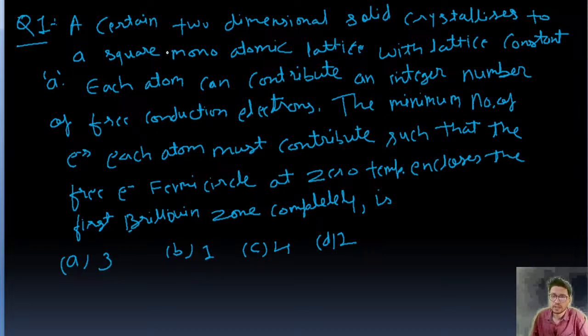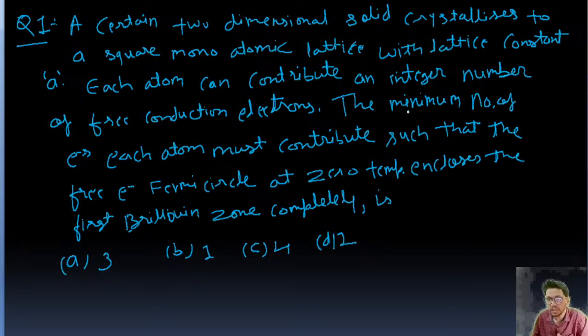A certain two-dimensional solid crystallizes to a square monoatomic lattice with lattice constant A. Each atom can contribute an integer number of free conduction electrons.